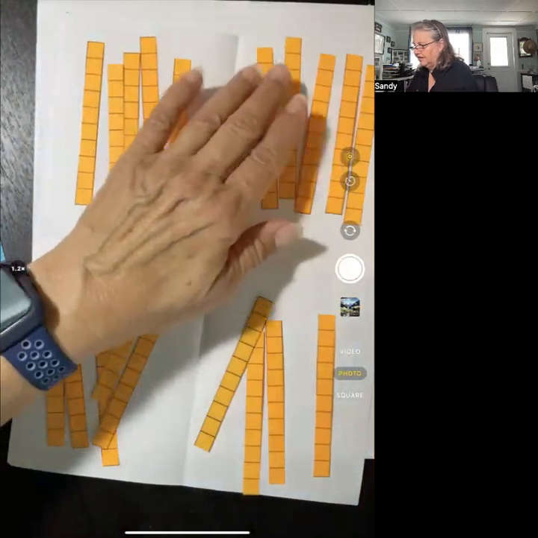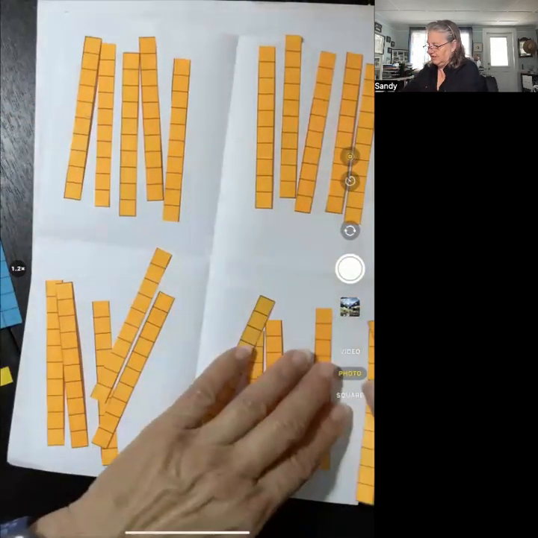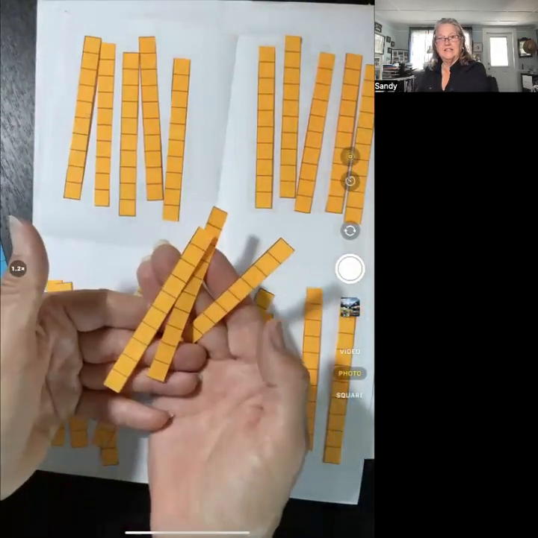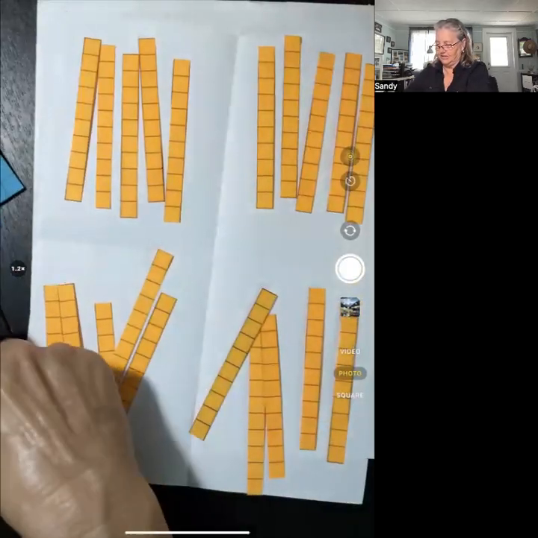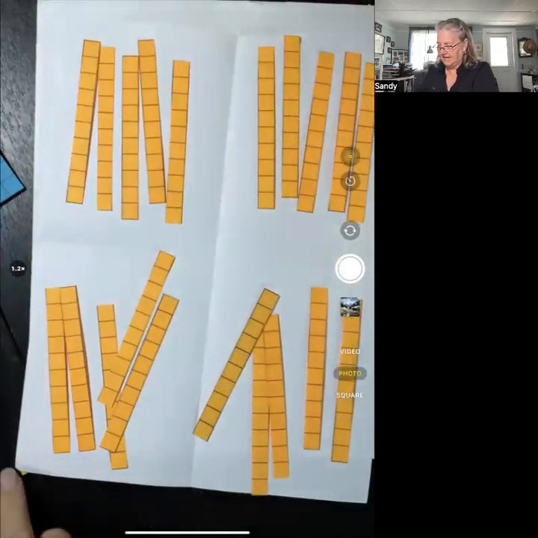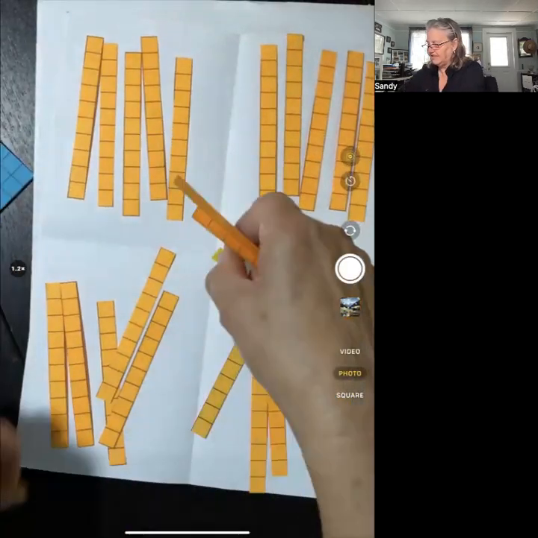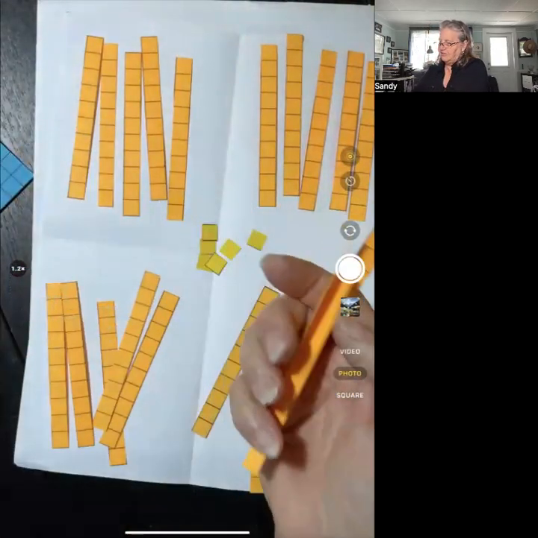And I had 20 there. Let's see. 5, 10, 15, 20. And then what happens? I'm left with 3 tens. But I also have the 6 ones. So right now I've got 50 in each group, and I have these 6 ones and 3 tens.